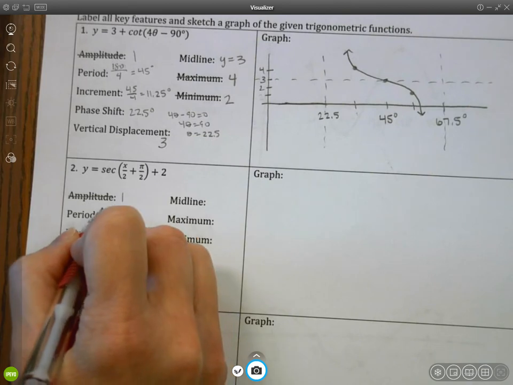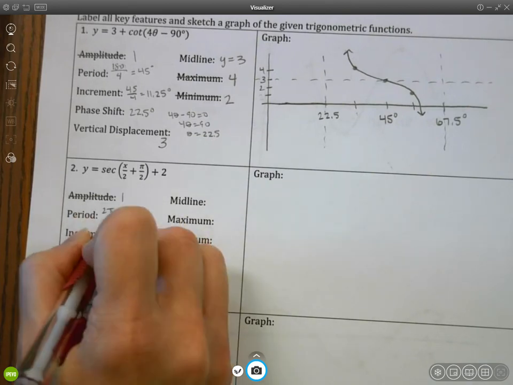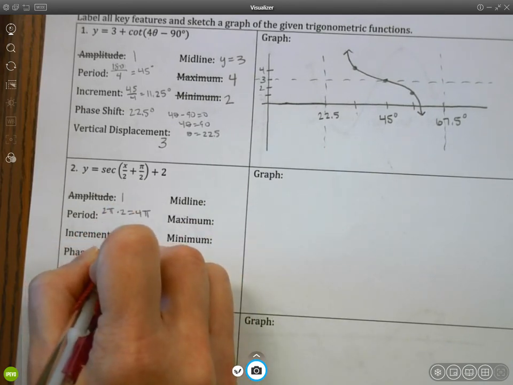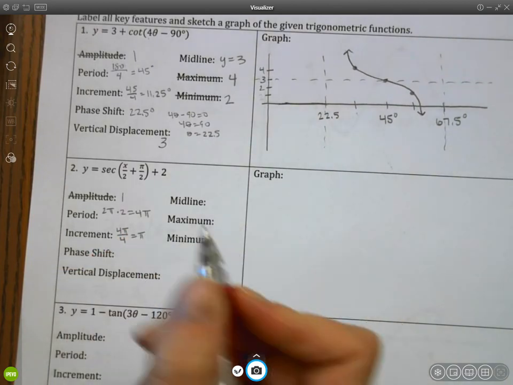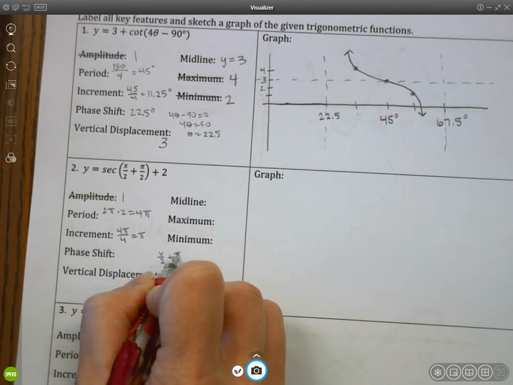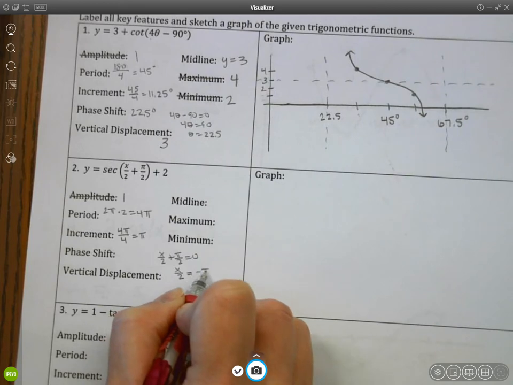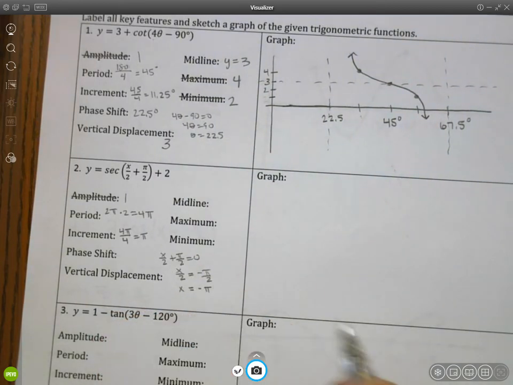Period, the normal period is 2 pi. If they are dividing by 2, you're going to times 2, so we get a new period of 4 pi. If we divide that by 4, we have increments of pi. Our phase shift, we're going to take x over 2 plus pi over 2 and set it equal to 0. So x over 2 equals negative pi over 2. Again, multiply that by 2. So you just get negative pi.